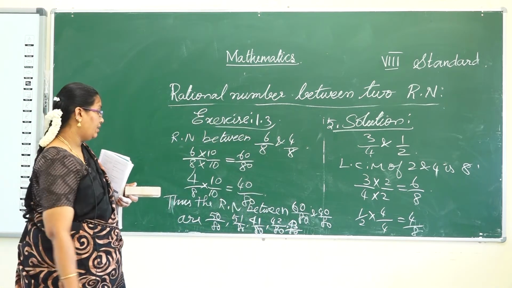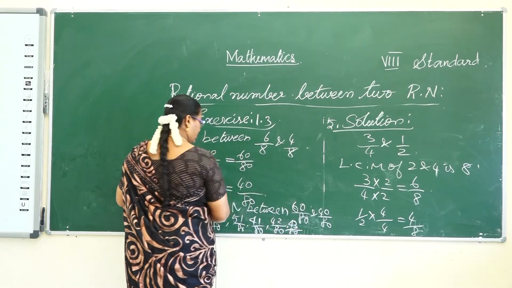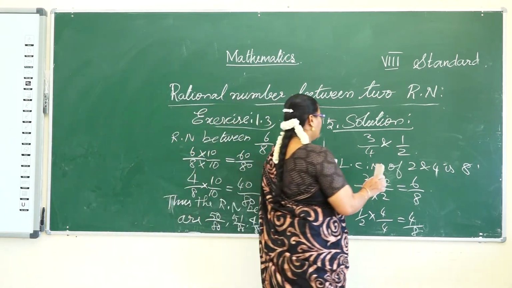Okay, so they lie between 40 and 60. 41, 42, 43. So any 5 numbers.